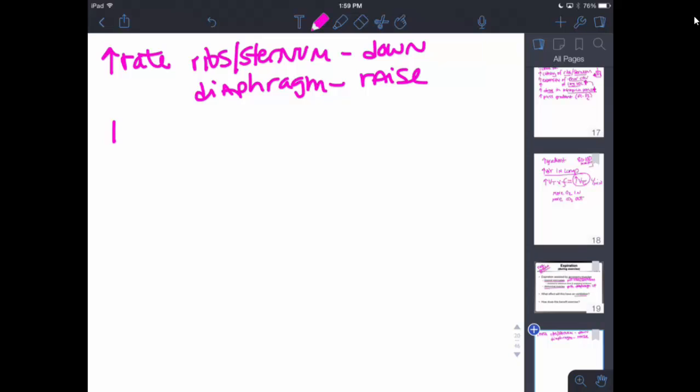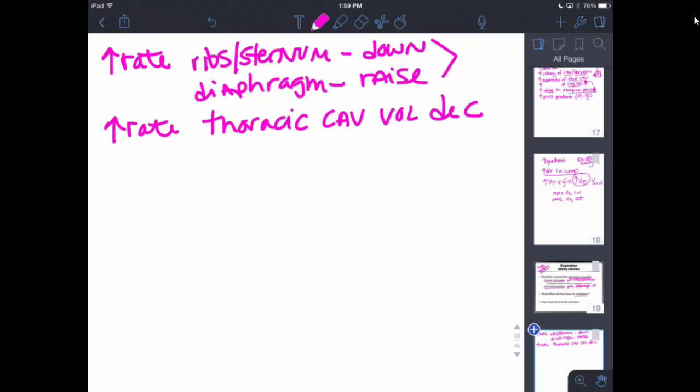Which means you're going to get an increased rate of the thoracic cavity volume decreasing, okay? Because when these two things occur, the thoracic volume gets smaller, and if these things happen faster, the volume is going to shrink faster. And remember that whatever the thoracic cavity does, the lungs do. So we're going to get a greater rate of the lung volume decreasing.